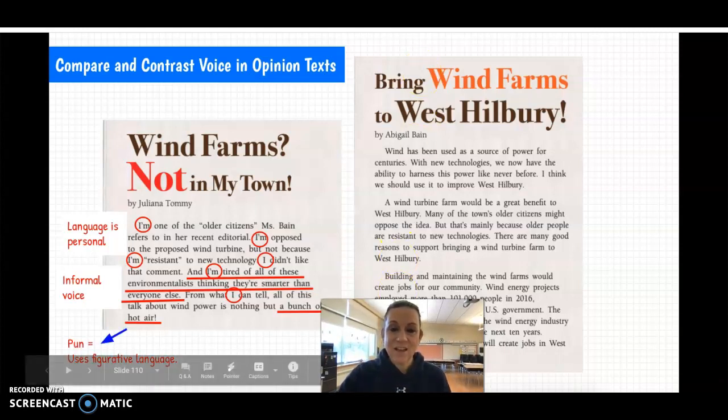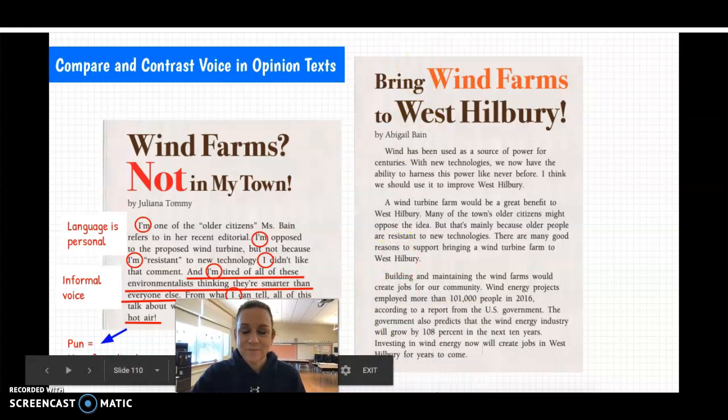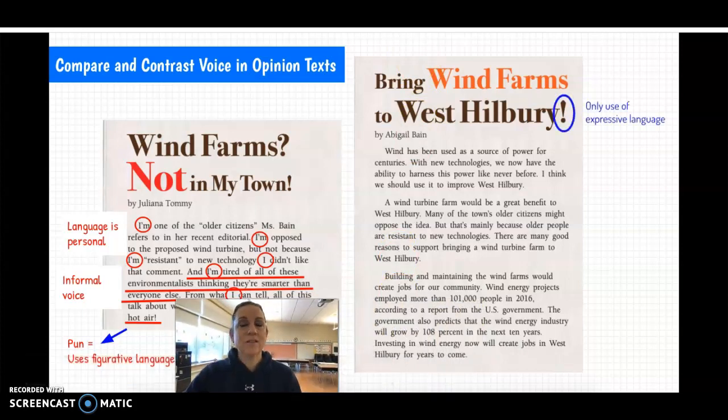All right, let's look at this other text. It's got an exclamation point right away, so that's expressive language. And then she's talking about how building and maintaining the wind farms would create jobs for our community. It's total literal language. It's not figurative, not like using a pun or an idiom.